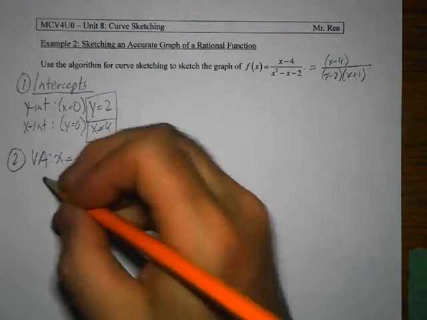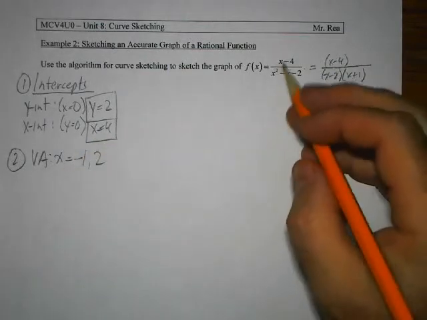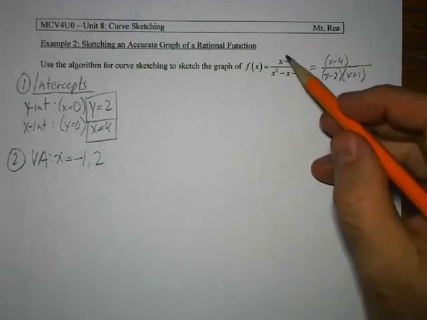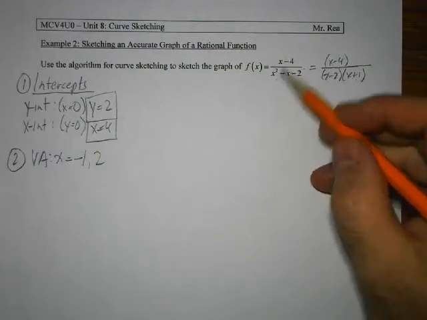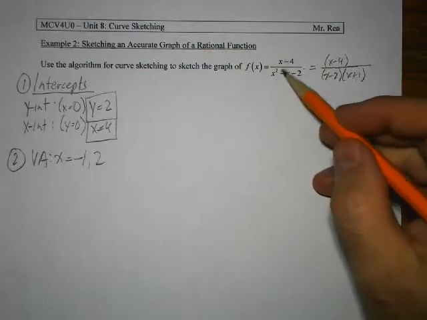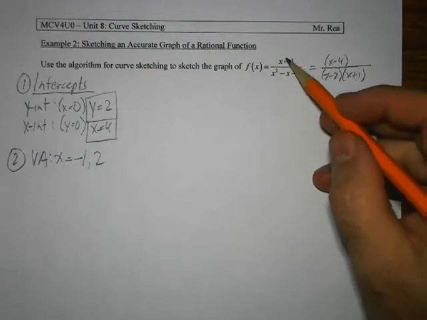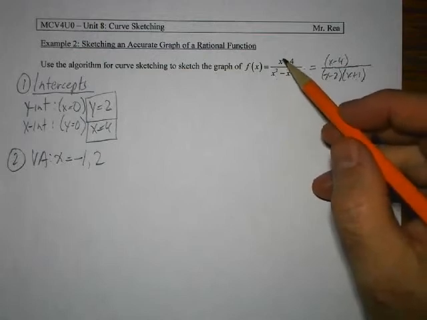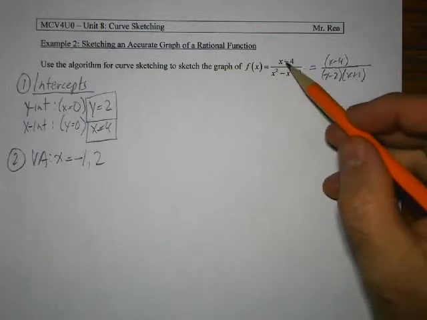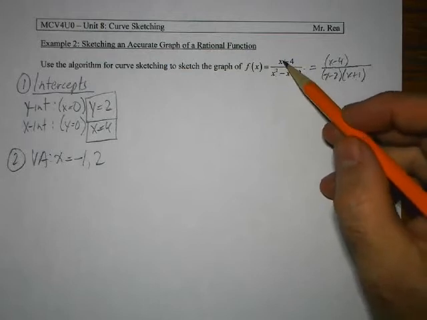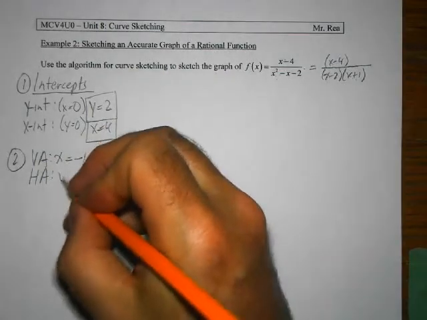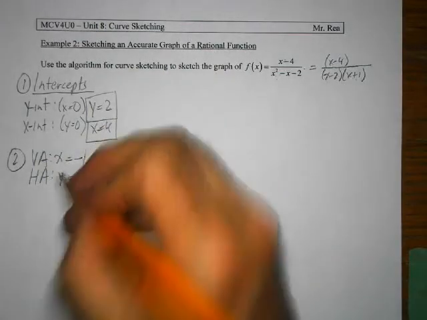Now, if we look at the degree of this rational equation, we have degree 1 on the top, degree 2 on the bottom. That means you're going to have a horizontal asymptote, and because the degree is higher on the bottom than the top, that horizontal asymptote is always y equals 0.